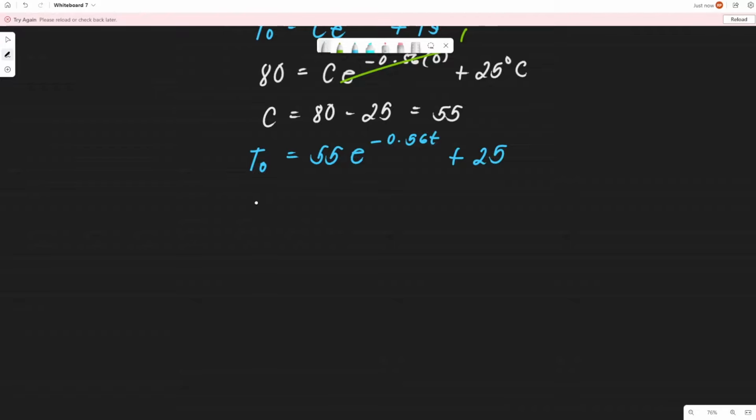We have 55 e raised to negative 0.56 times 10, plus 25.